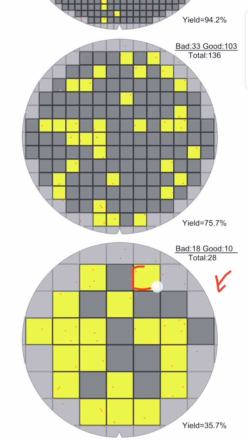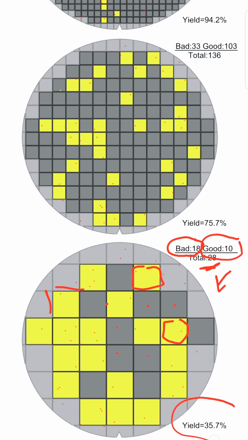If you have a look at the final picture, right over here, again you have the yellow boxes that show the number of bad ICs are 18 and the gray ones, as I tick mark here, are 10. So total 28 chips are fabricated, and because the yellow and gray boxes have a larger dimension, that is the width and the length of the individual silicon ICs are larger, the total number of ICs fabricated in this silicon wafer are 28, and out of them 18 are bad and good ICs are 10.